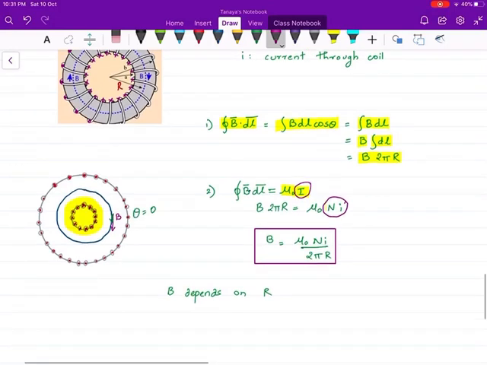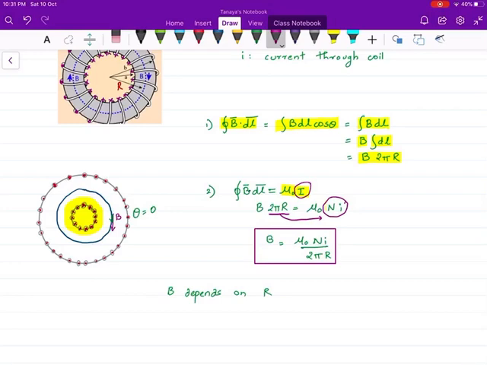So I get the equation for B: 2 pi R goes to the denominator, and I get B equal to mu naught Ni upon 2 pi R. Now see, this magnetic field depends on R. It is inversely proportional.